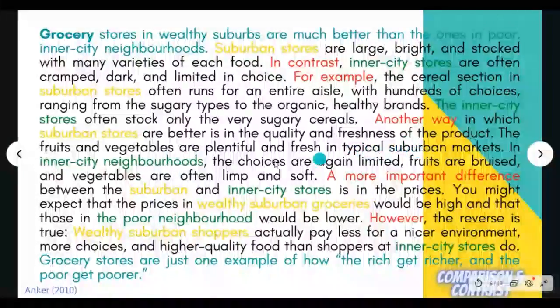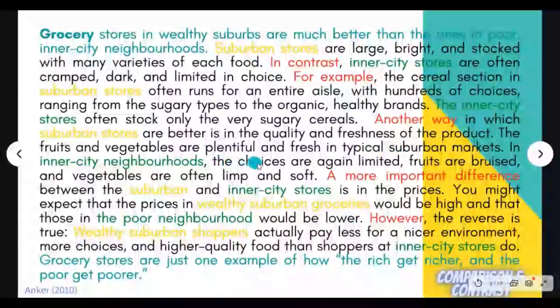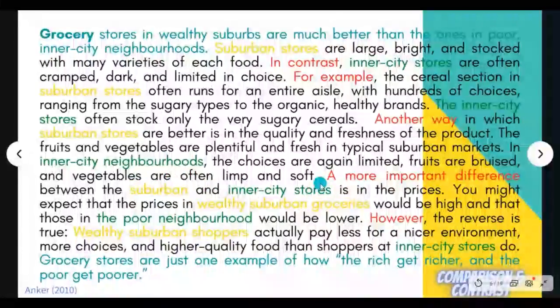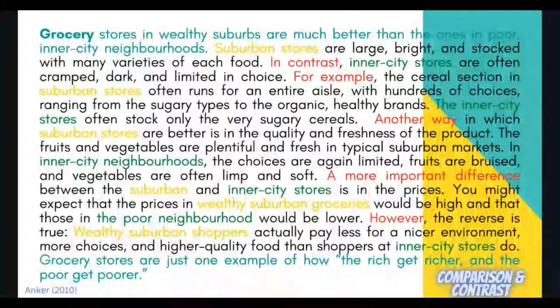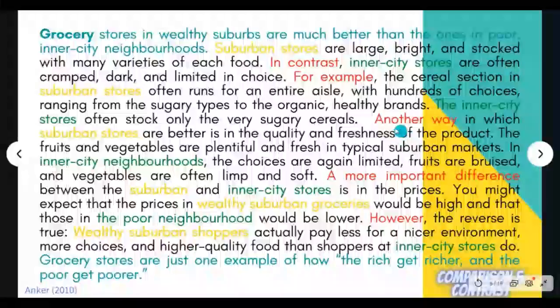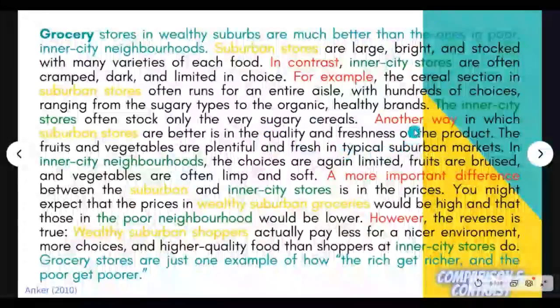product. The fruits and vegetables are plentiful and fresh in the typical suburban markets. In inner city neighborhoods, the choices are again limited. Fruits are bruised and vegetables are often limp and soft. Okay, the second aspect to contrast is the quality and freshness of the product.